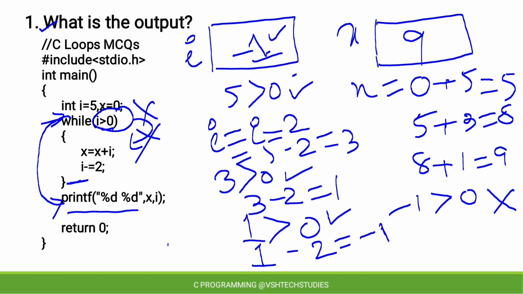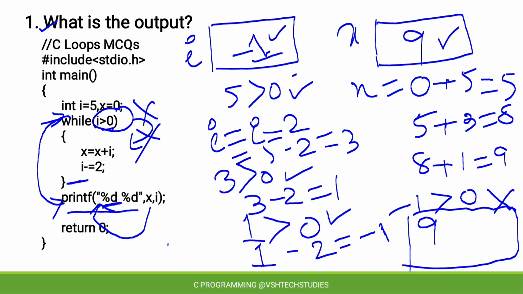What is printed? Within double quotes, the first integer value is substituted by the variable outside double quotes after the comma. Which variable is there? The X variable. So that memory location's content will be substituted. So what is there? 9 is there. So on the monitor first 9 is printed. Next, a space is mentioned.